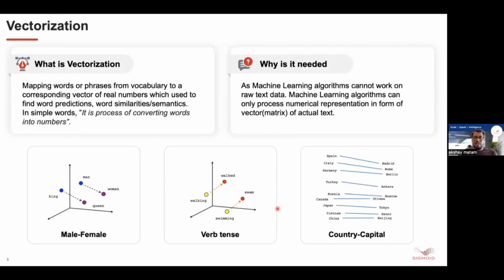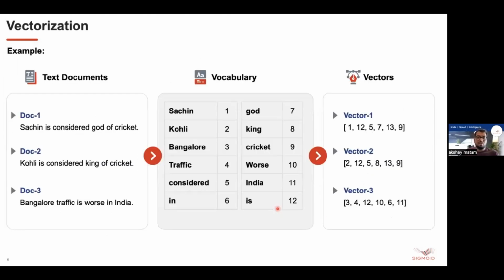So there are various ways where we can represent a keyword in the format of numbers. A naive approach would be converting text using a hashing method where each keyword will be assigned a number, and we'll just represent a sentence in the format of numbers.